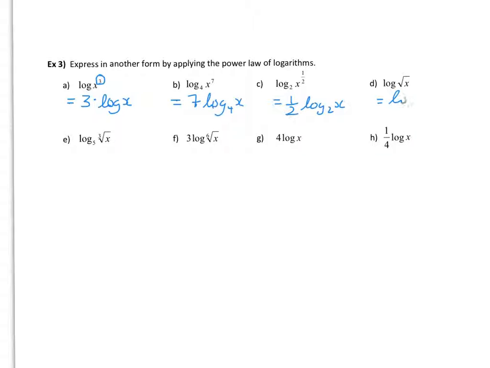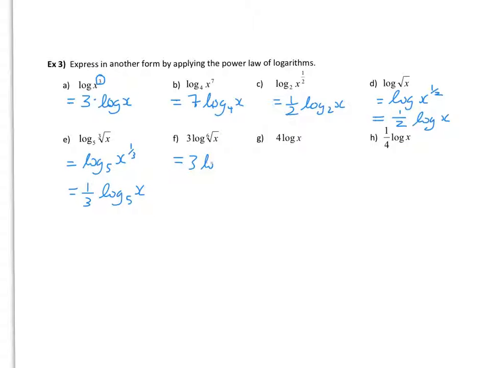This is equivalent to the log of x to the 1/2, because the square root is the same thing as an exponent of a half. This will be 1/2 log x. The cube root is the same thing as an exponent of 1/3. So see how we're integrating our last unit with this unit? It's really important that you are on top of all your work all the way through.